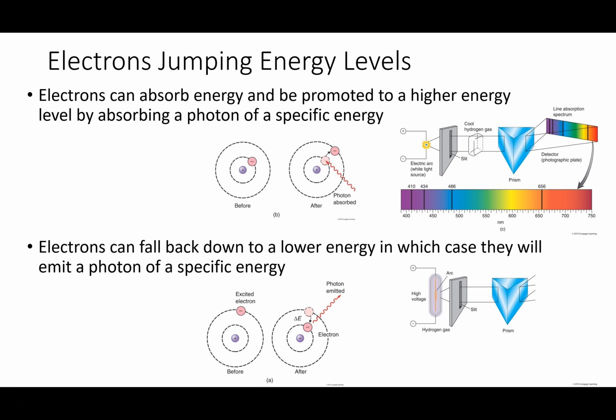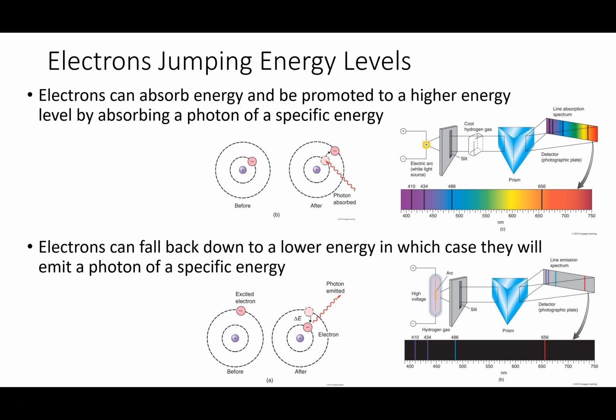When it gives off energy, it gives those same 4 lines, but now it's giving them off instead of sucking them in. In this case, it's letting the energy go. This is what we call an emission. Energy is being emitted. This is what we call an emission line.